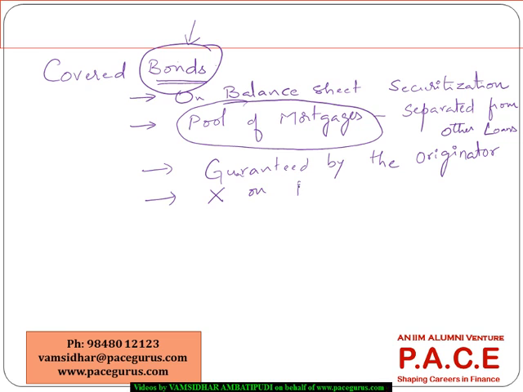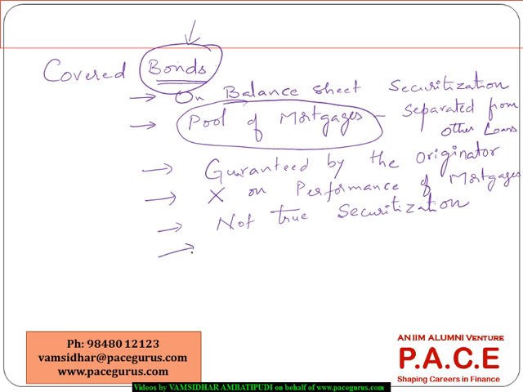They are guaranteed to be paid. Logically, they are not true securitization kind of instruments, because in a true securitization, based on the performance of the pool, we see the cash flows, the principal and the interest, paid to the investors.